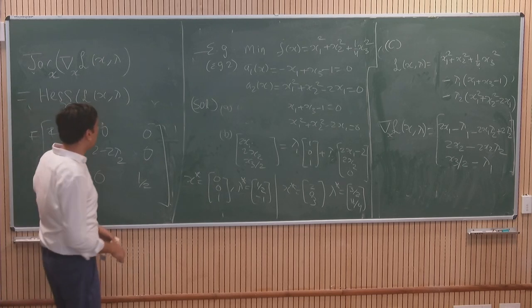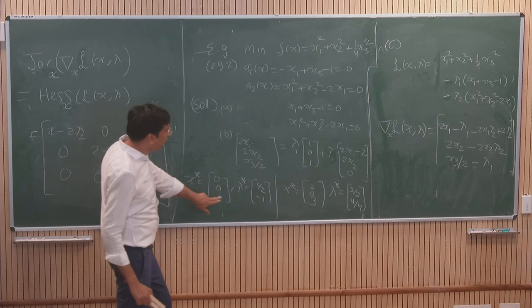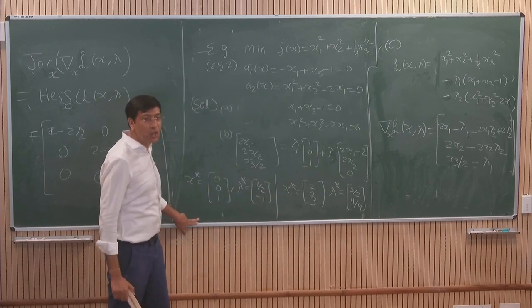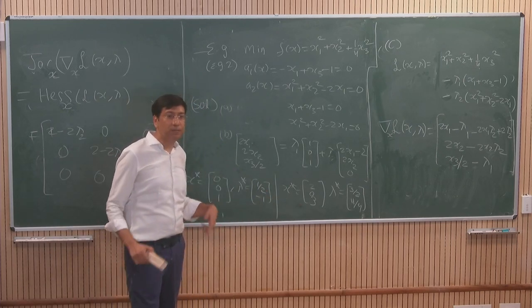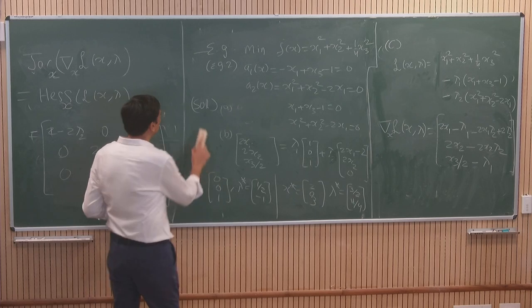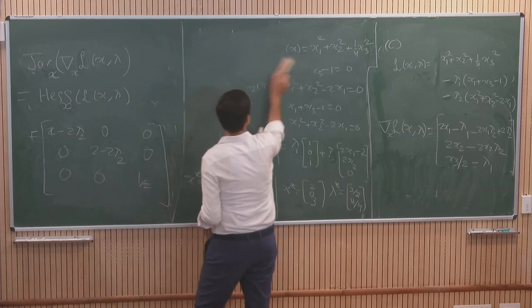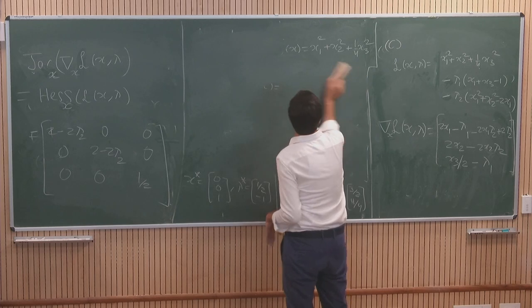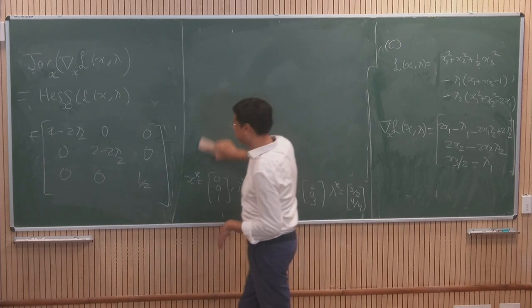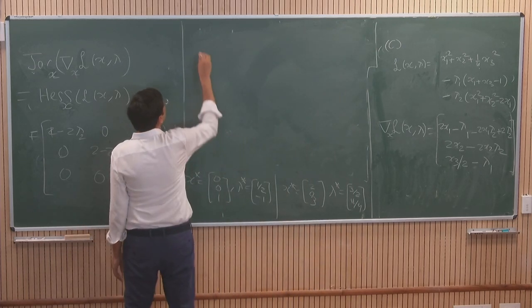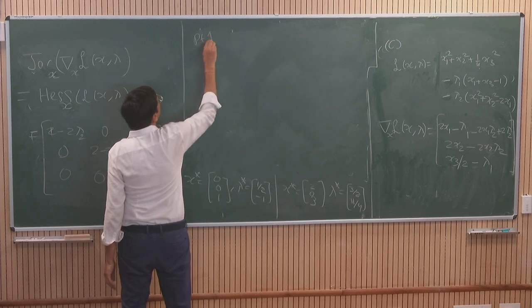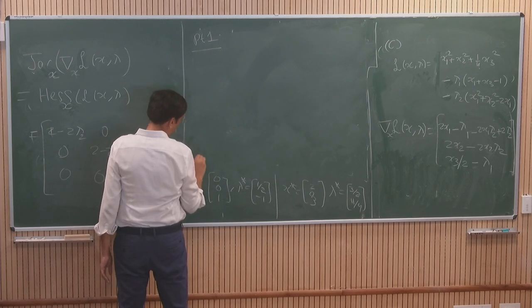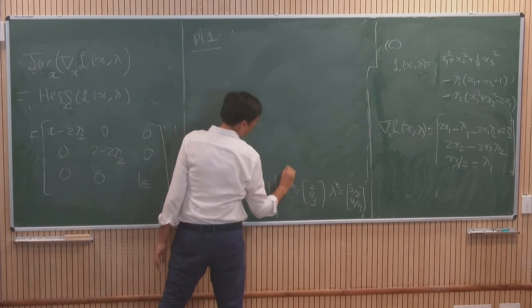Okay. So now what we do is, you've got these two candidates. We're going to check the Jacobian of constraints. Let's first substitute the values inside. So this is 0.1, this is 0.1, this is 0.2.